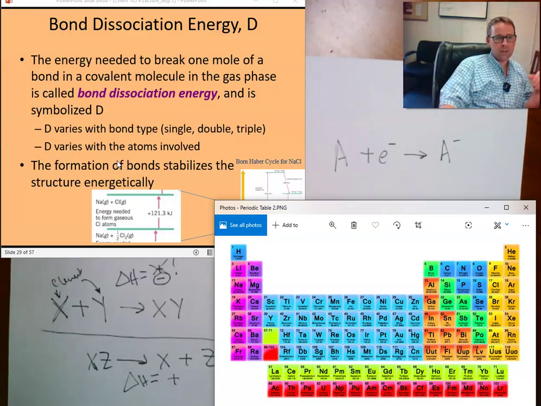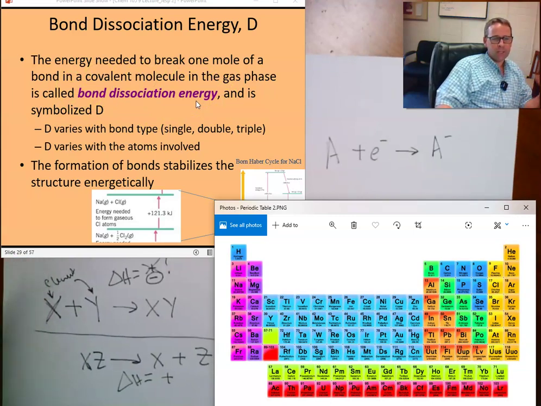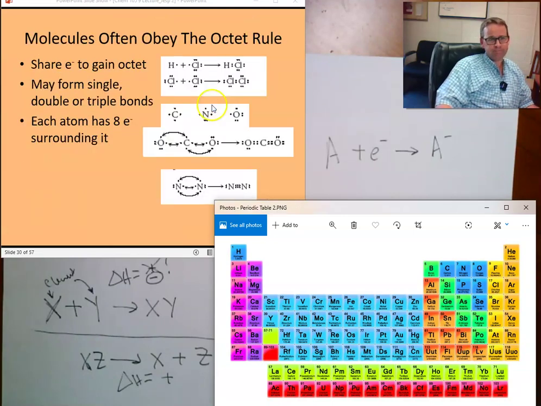Still requires energy, but not as much. The energy required to break a bond then is called the bond dissociation energy. Okay? Hopefully that's not terribly surprising. It's the energy required to break a bond: bond dissociation energy. All right.